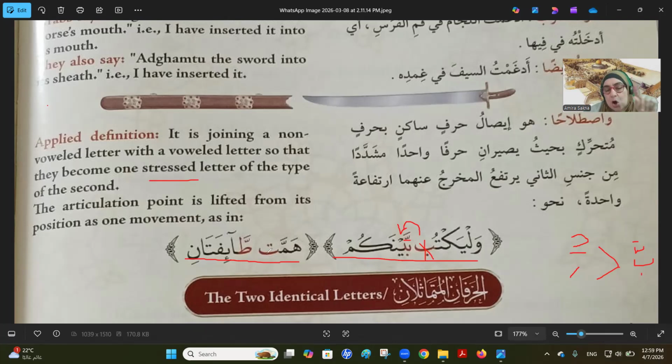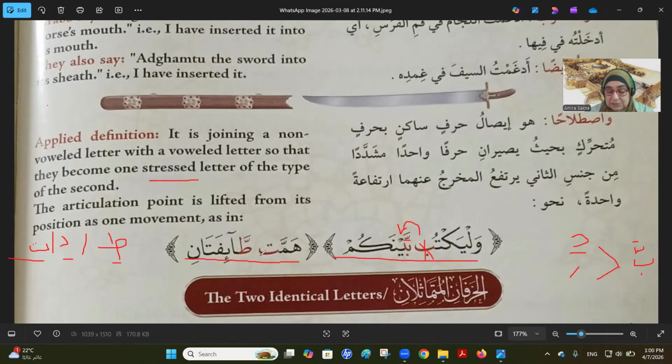But if you remember, my dear sisters, in articulation points, we explained that we have three letters which share the same articulation points: ta, dal, and ta. So ta and ta share the same articulation points, but they are different in some of their characteristics. So here we apply also full merging.